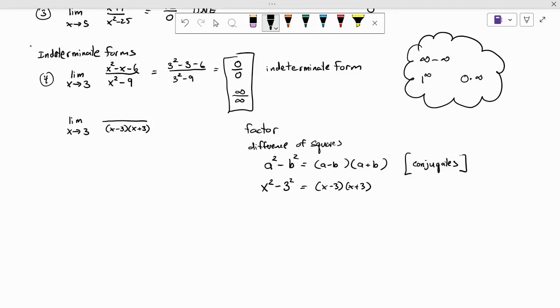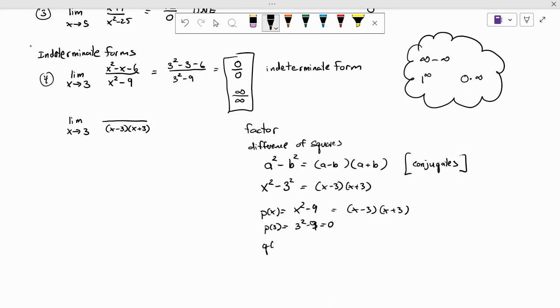This is a tip: if you have a polynomial like x squared minus 9, and you evaluate it at 3 and you get 0, you know that one of the factors has to be x minus 3. That's the relationship between the roots or zeros of the polynomial and factors.